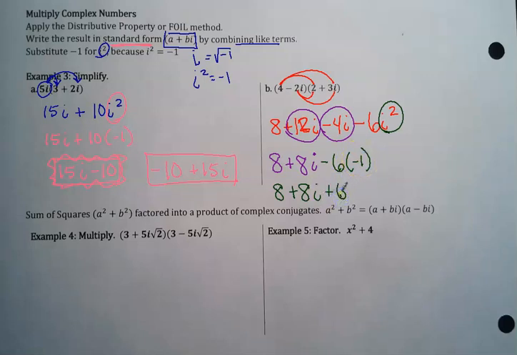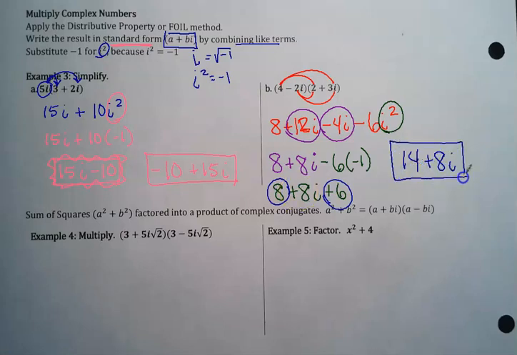Now suddenly I have more like terms, right? I have an 8 and a 6. So 8 plus 6 is 14. So now I have 14 plus 8i. And that is in standard form, right? A plus bi.